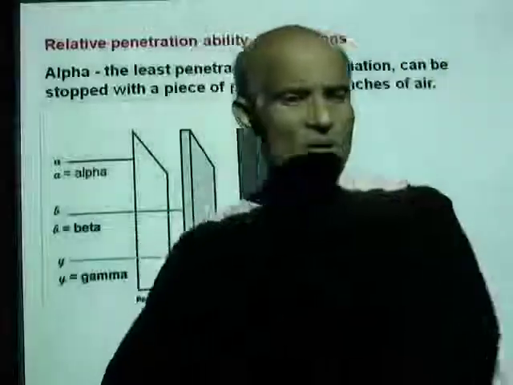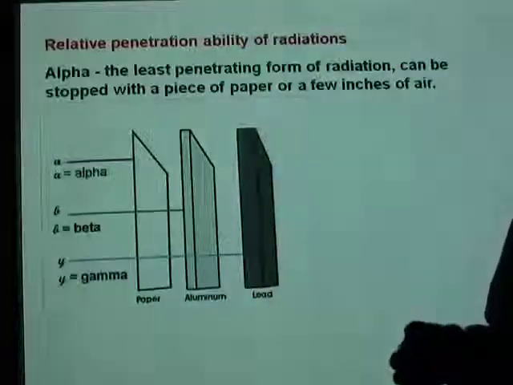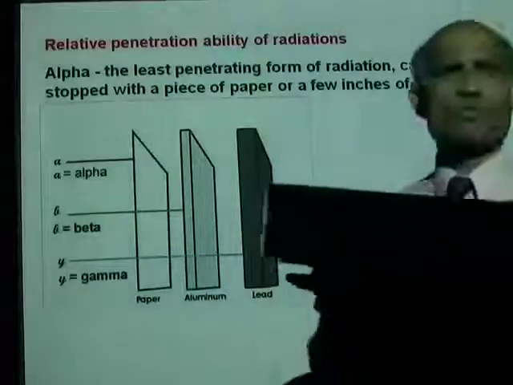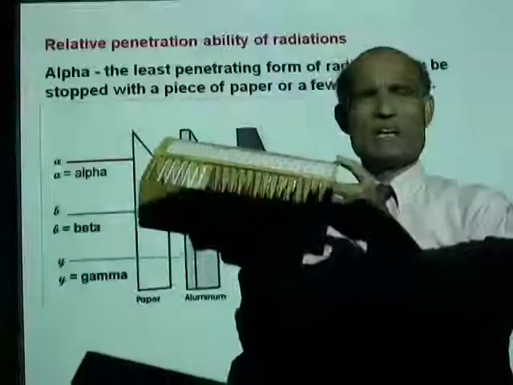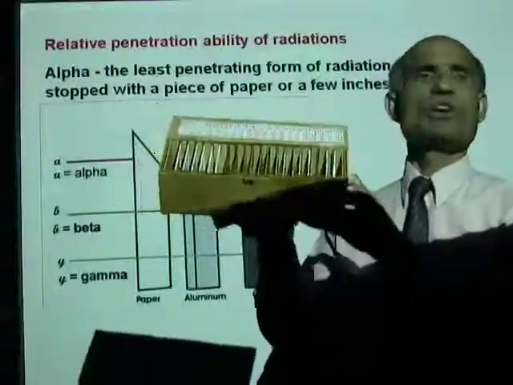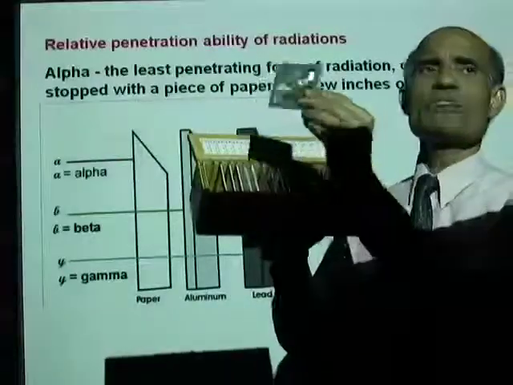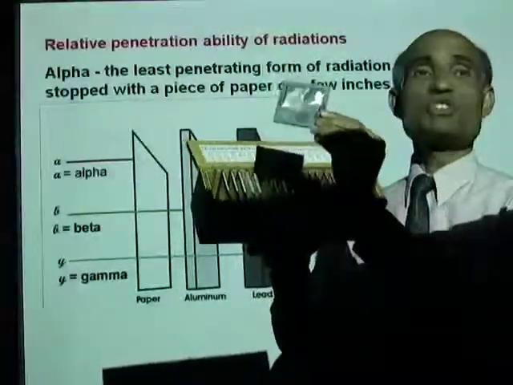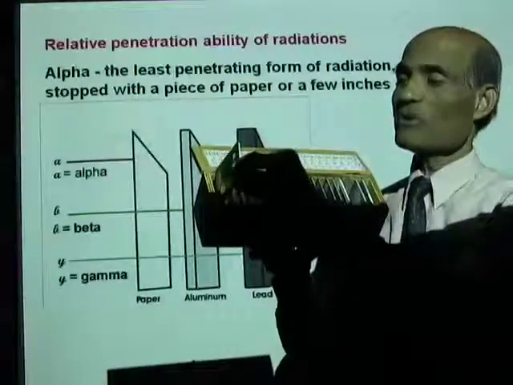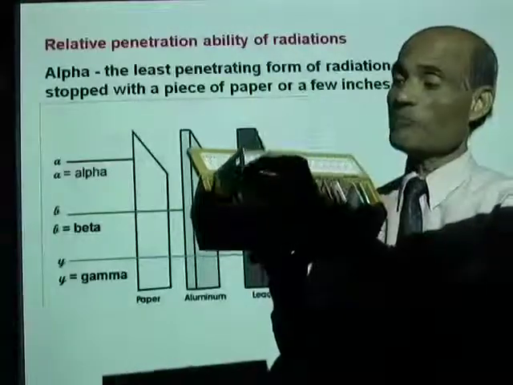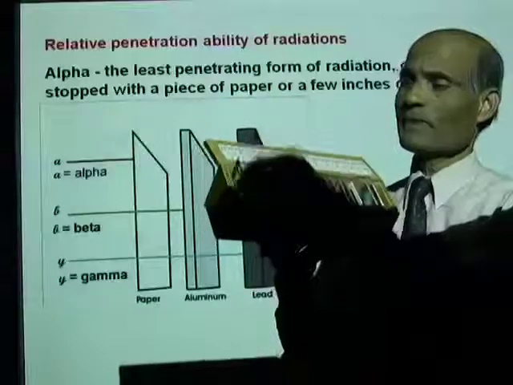In fact, I have a box of materials here which can be used for the penetration ability of these. Here I have aluminum that can stop alpha and beta radiations.